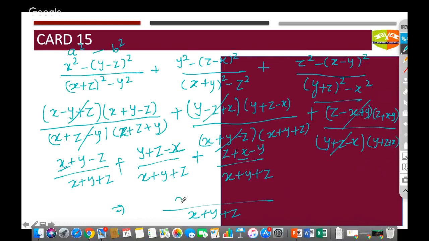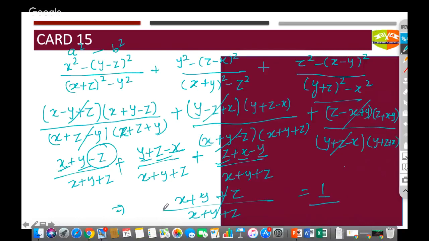So 2x − x is x, 2y would be positive here, and here it is negative, so 2y − y is y, and 2z would be positive here, and here it is negative. So I can write z. So (x + y + z) divided by (x + y + z) will turn into 1. So this is what the answer of this question is.